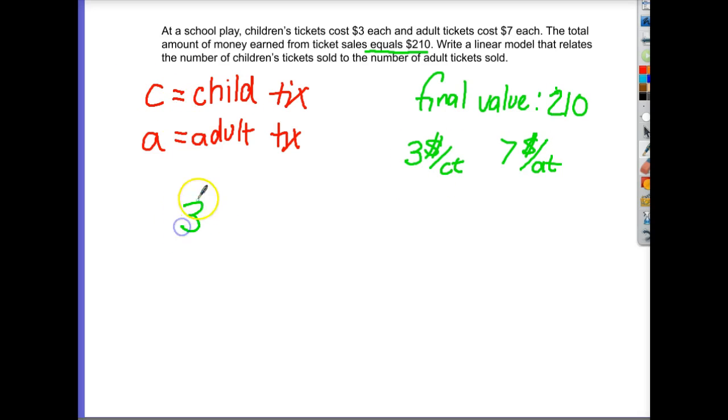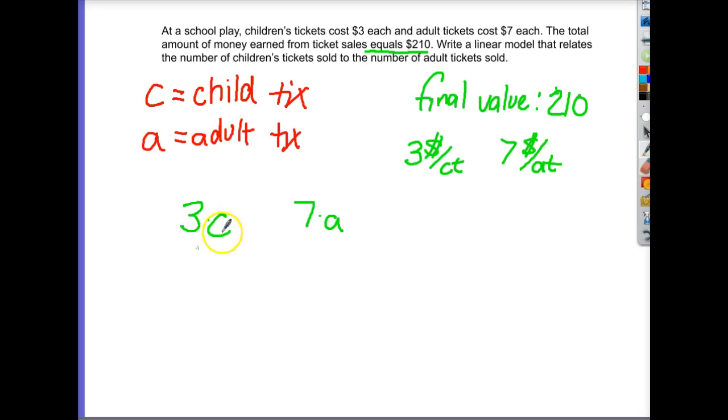So if it's $3 for every child's ticket, that must be 3 times C. Because 1 times 3 is 3, 2 times 3 is 6, 3 times 3 is 9, etc., right? If I have adult tickets, it must be the same thing. $7 times the amount of adult tickets I've sold.